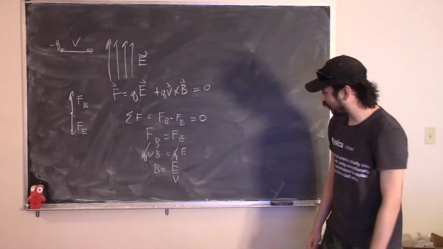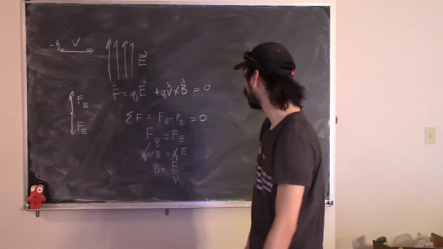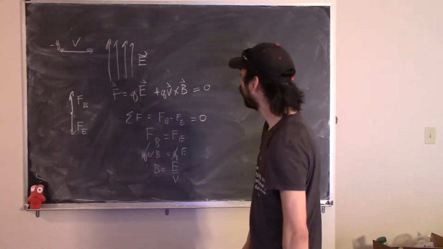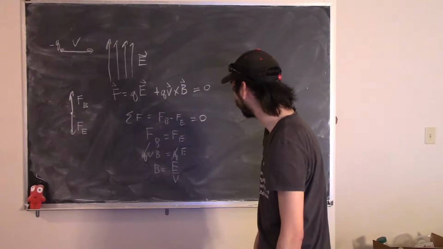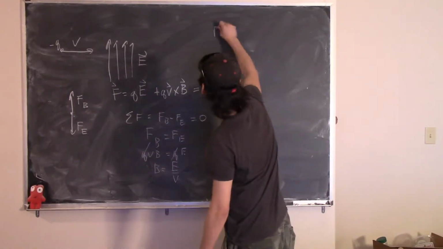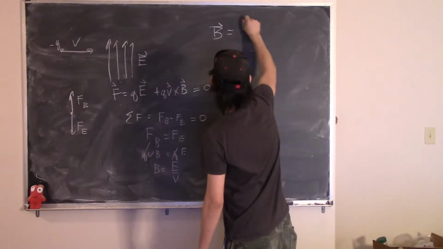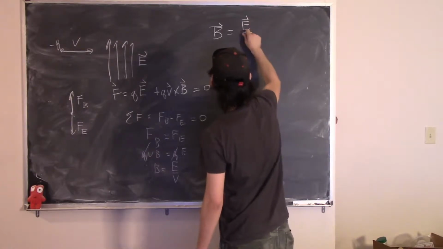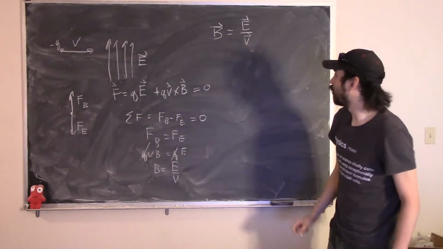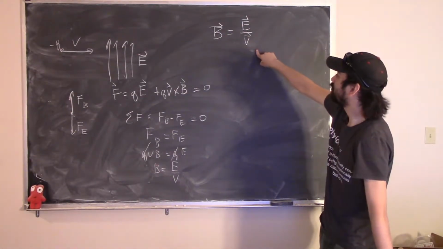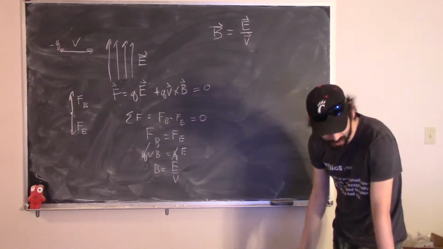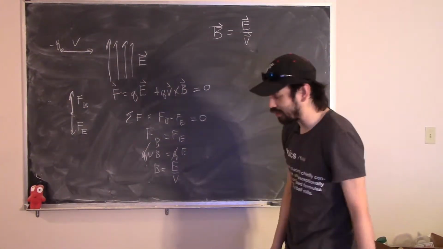Now I want to pause here for a second and talk about notation, because I was going through what some people had done in class today. Some people wrote something like B vector is equal to E vector divided by V vector. Now this makes me cry a little bit. And it's not really your fault.